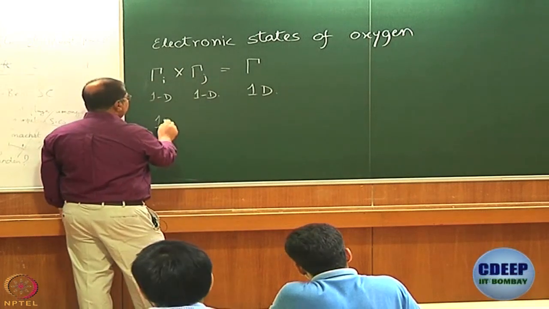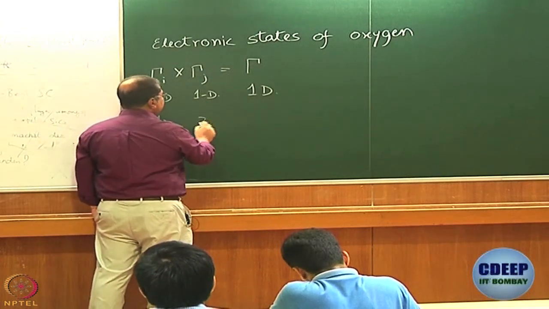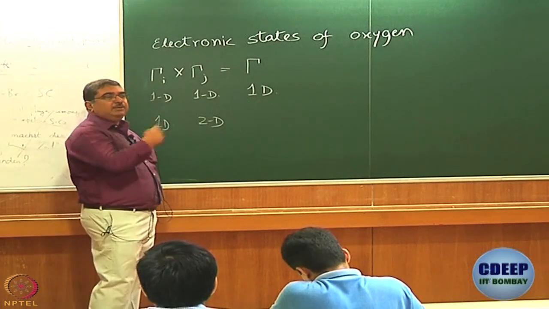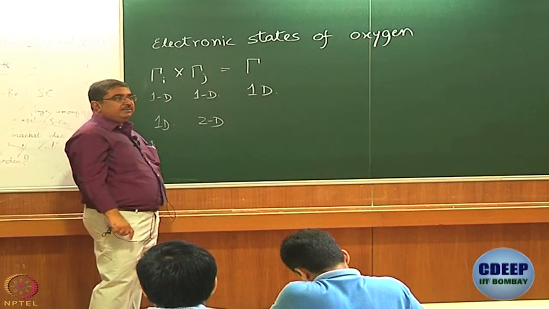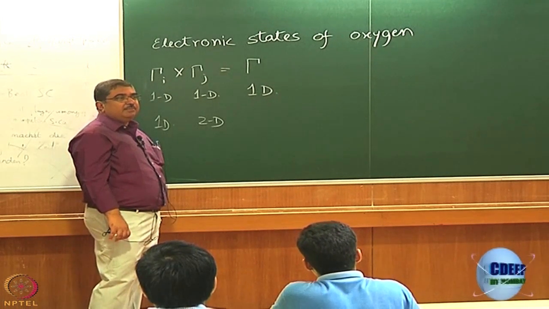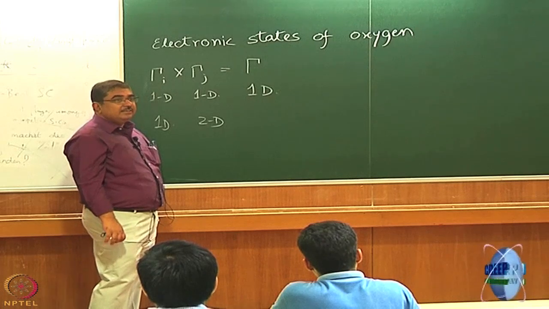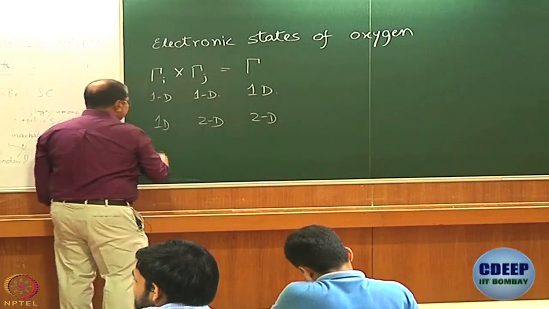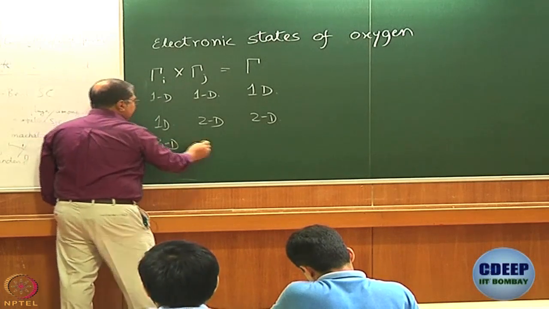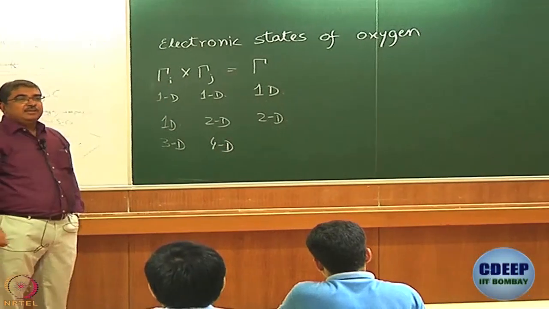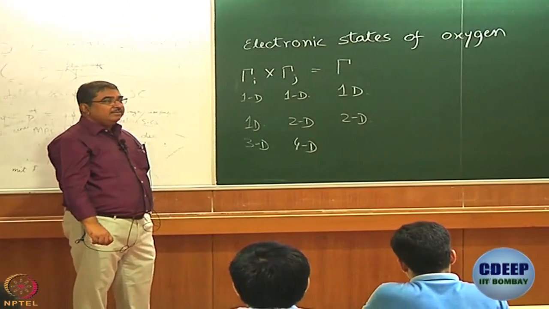If one of them is one dimensional and the other is two dimensional, what is the dimensionality of the representation that you obtain from the direct product? Yes, 2. And if this is 3 dimensional and this is 4 dimensional, then what is the dimensionality of the product? Yeah, 12.